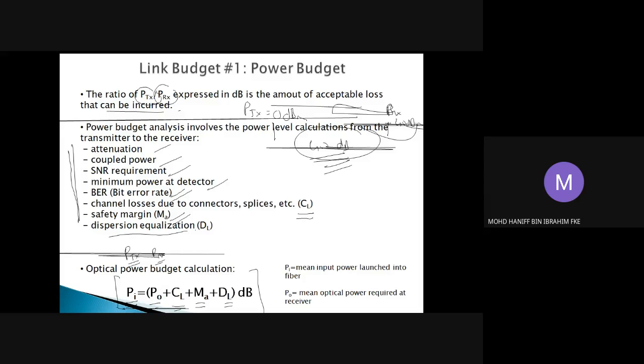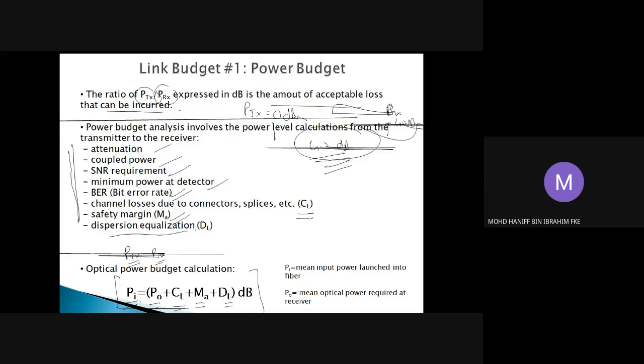So for your optical power budget calculation, for proper system design, your transmit power must be at least equal to the summation of these components, which include the receive power, the channel loss, the system margin, and the dispersion equalization value.